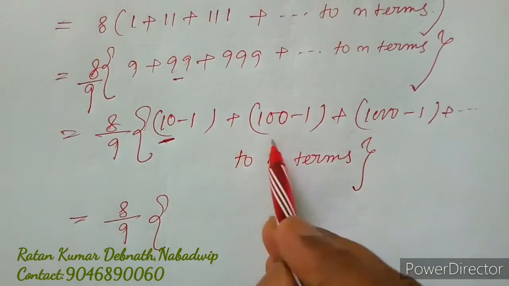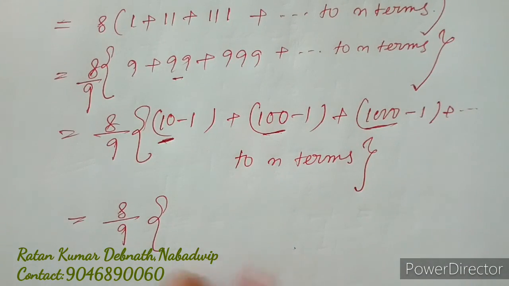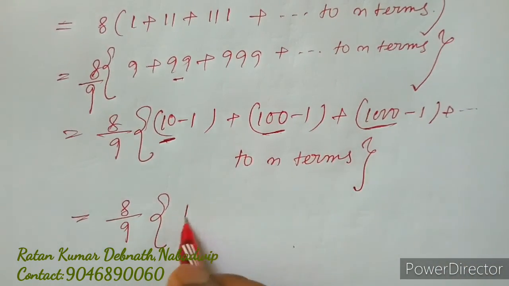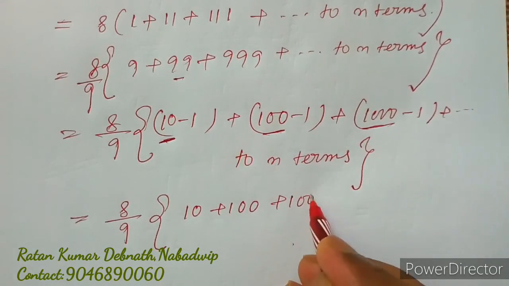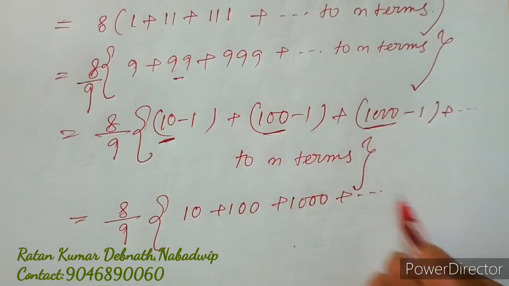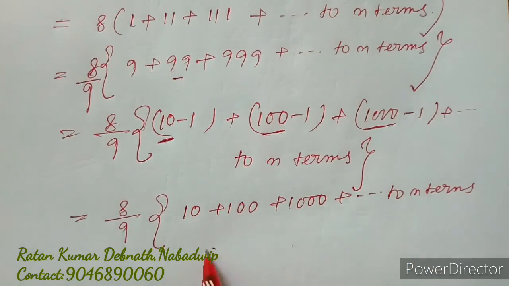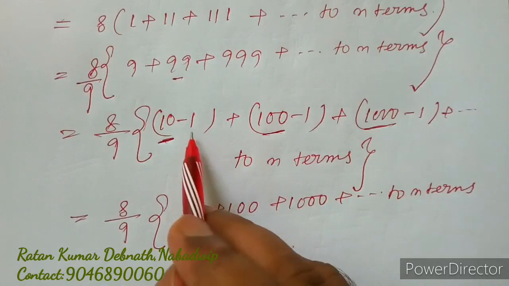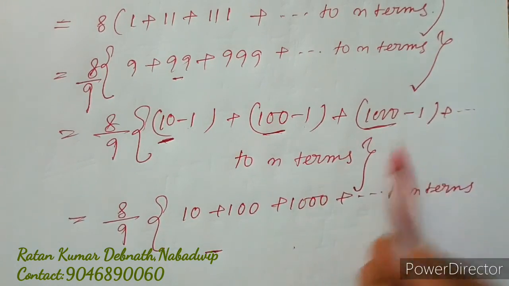If we rearrange the first term from each of the brackets, we can write 10 plus 100 plus 1000 dot dot dot to n terms, minus 1 minus 1 minus 1 minus 1.